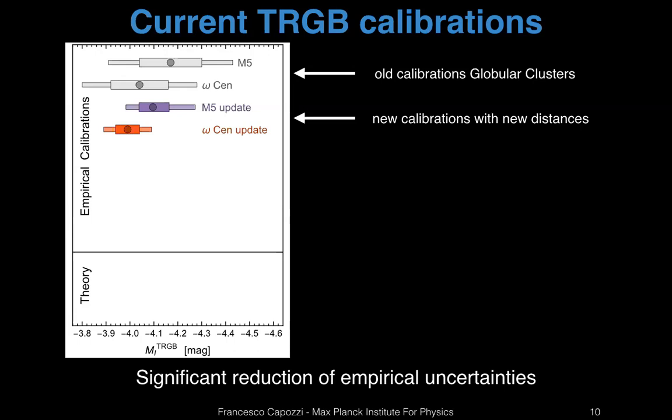Now these gray bands here, they are the old calibrations for the globular clusters M5 and Omega Centauri, whereas the colored one just below them is our new calibration, where basically the only change we have applied is introducing the new inputs given by Gaia for the distances. And you can see that there is quite a significant improvement.